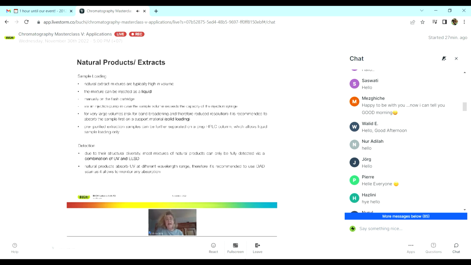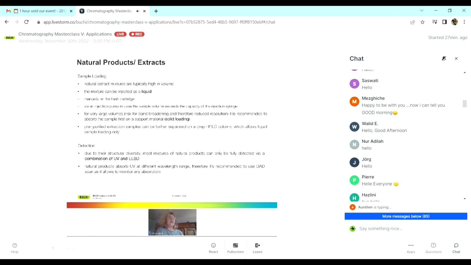Detection: we just saw natural products can be lipids, proteins, carbohydrates, anything. All of these different compounds have different structures. Some absorb UV, some don't absorb UV, some absorb it maybe differently.